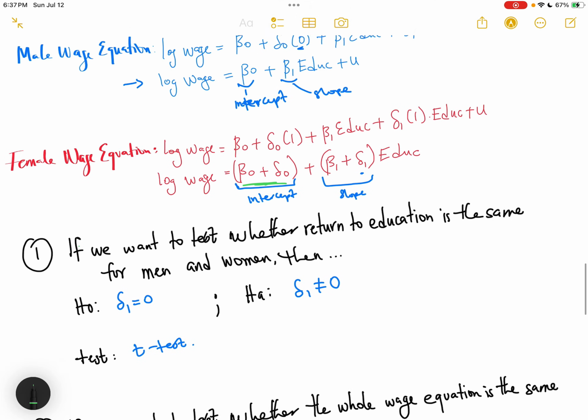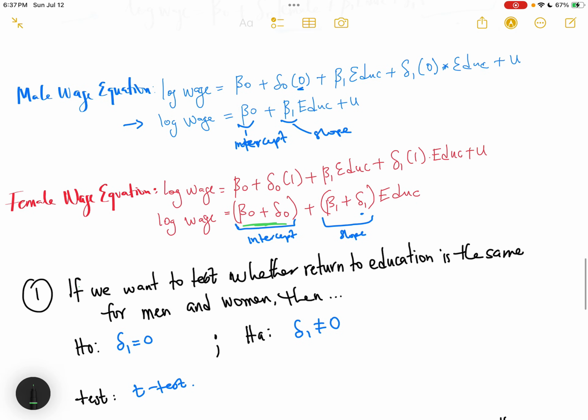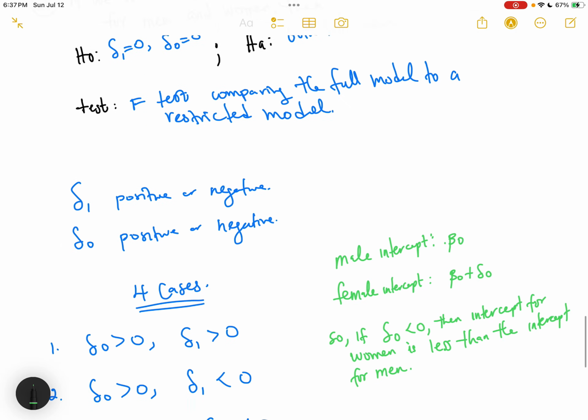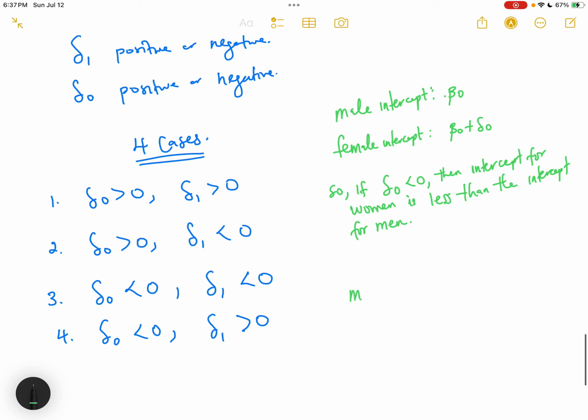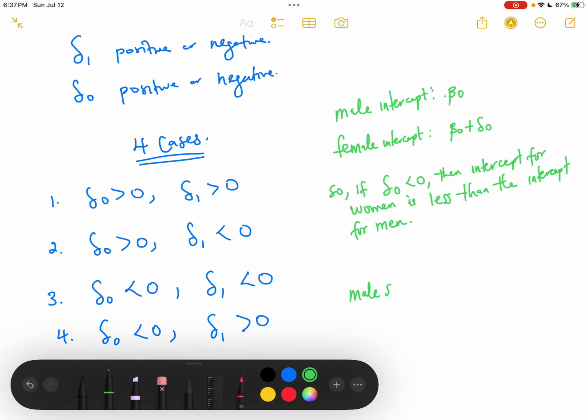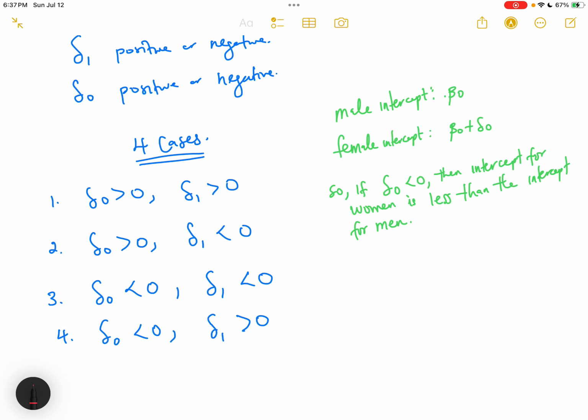Now, we also have information in this part. The only difference between part 1 and part 2 is that we have some additional information here about slopes. So the male slope is beta 1. The female slope is beta 1 plus delta 1.